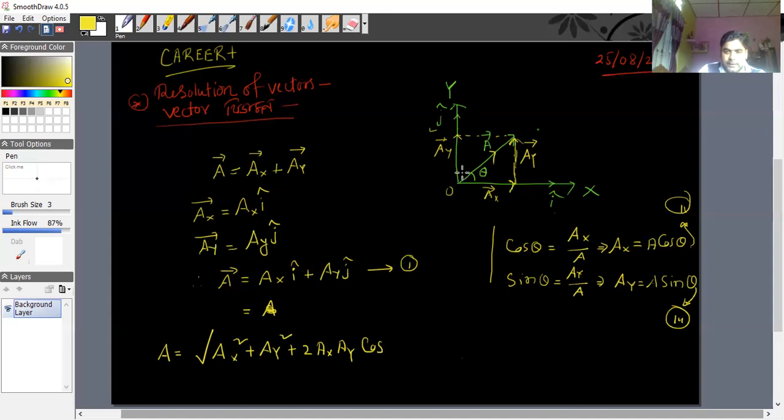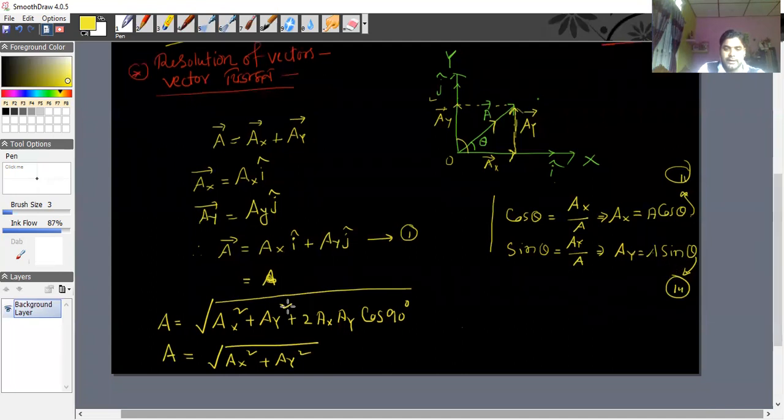Theta is the angle between AX and AY. What is the angle between the x-axis and the y-axis? 90 degrees. So cos 90 means 0. So simply we get A equals root over AX square plus AY square. This is the resultant magnitude of A.